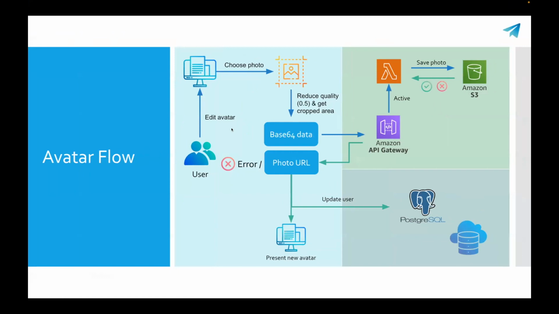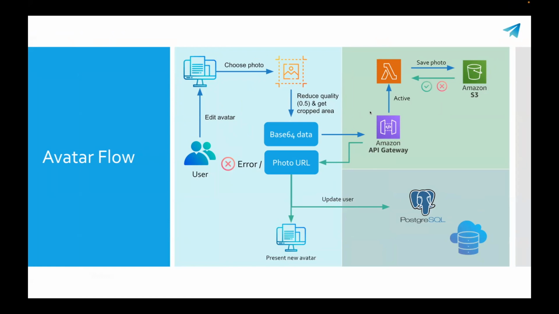And get back to this PowerPoint. So when the user wants to edit the avatar, they choose the photo and they need to crop it. In the front end, we will reduce the quality of the picture, get the cropped area, change it to base64 data and send it to the API.